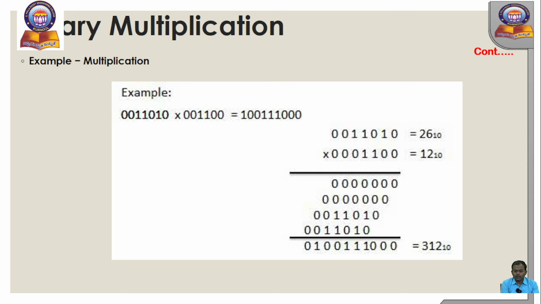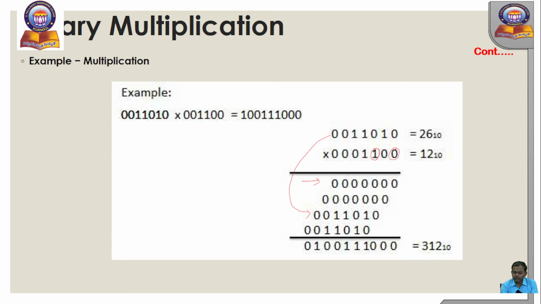So this is another basic example of how to multiply. In the multiplier, if the digit is 0, we make one row of the product as all zeros. If it is 1, we copy the multiplicand as it is in the intermediate product.